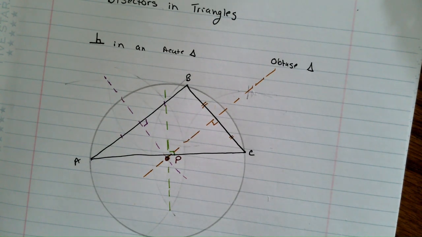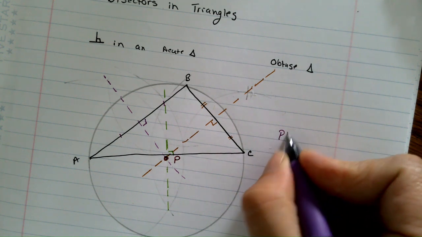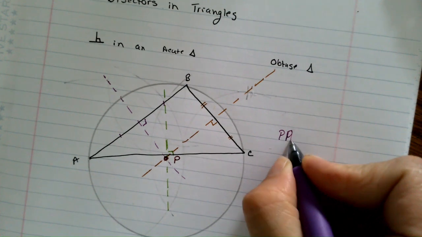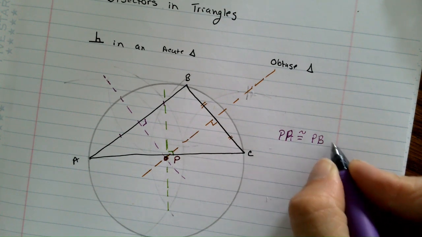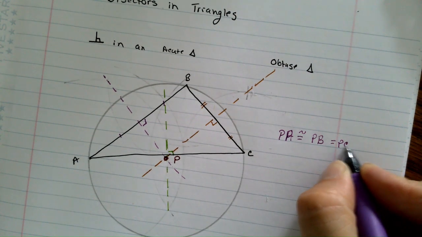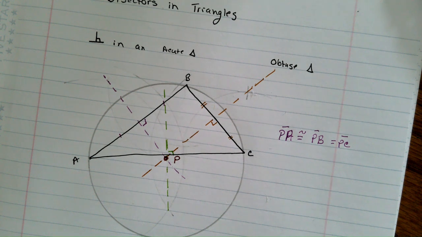Okay, this is the importance of making sure you stay on track with all your things and not letting it slip. You have a circle that actually goes around, and P to A is congruent to P to B, and is congruent to P to C because it's the radius of that circle, right?